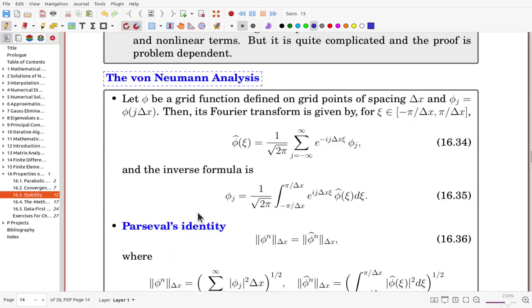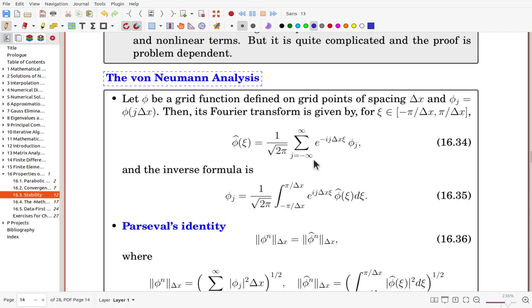Here we'll consider the von Neumann analysis, using a Fourier technique, the Fourier transform. Phi is a grid function defined on grid points. So phi_j is the value at the jth point, and its Fourier transform is given for every frequency in this symmetric interval, and the Fourier transform for frequency psi is defined in this way.